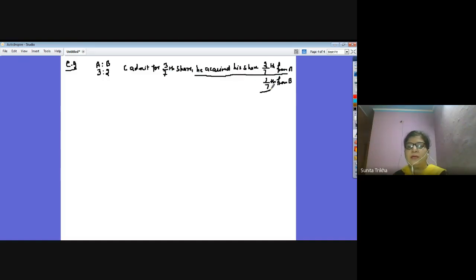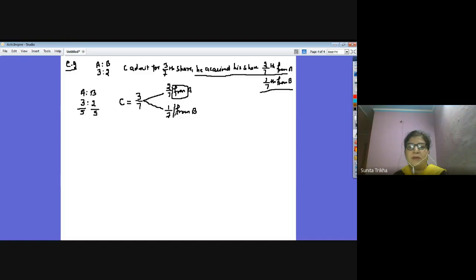So how to calculate the new ratio? You must know: old share minus sacrificing share. So A is to B, 3:2 ratio is given to you, 3/5 and 2/5. And C is admitted for 3/7 share, and he acquired his share 2/7 from A and 1/7 from B. What is the meaning of from?